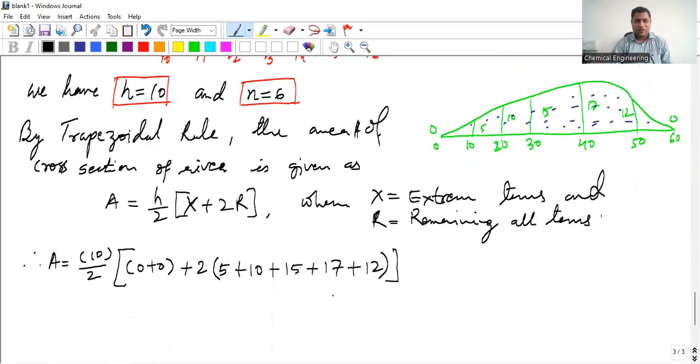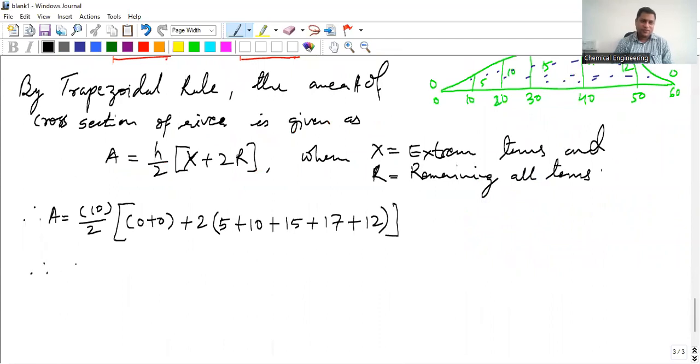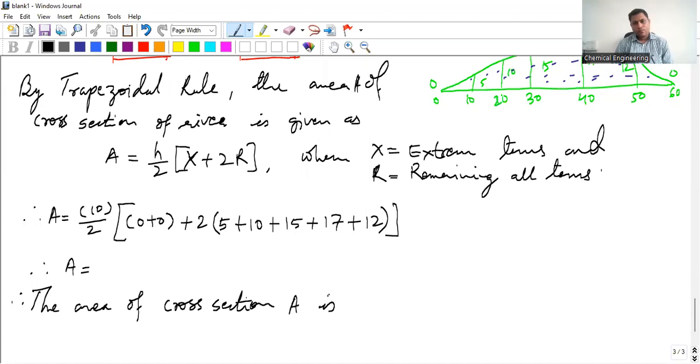Tell me, what is the area of cross section you are getting? 590.